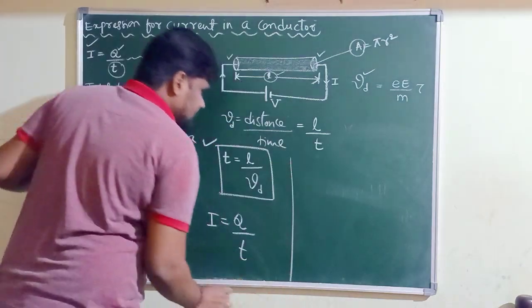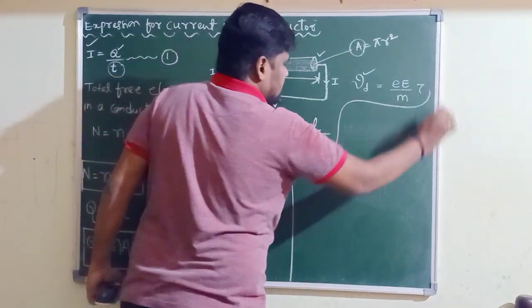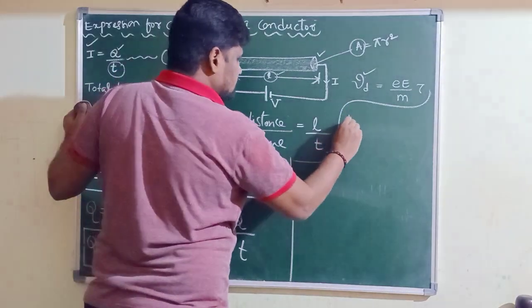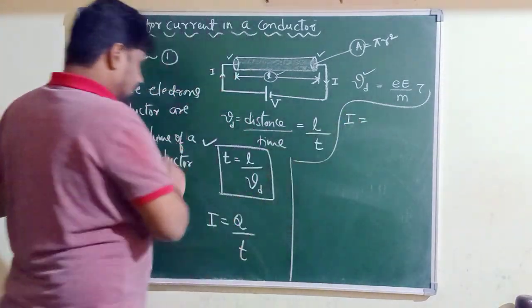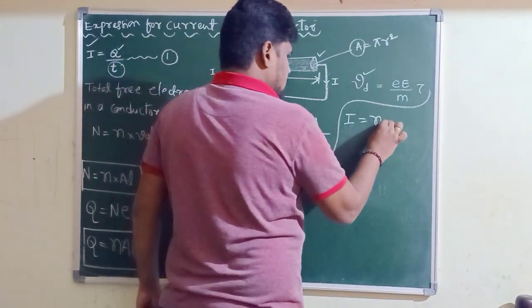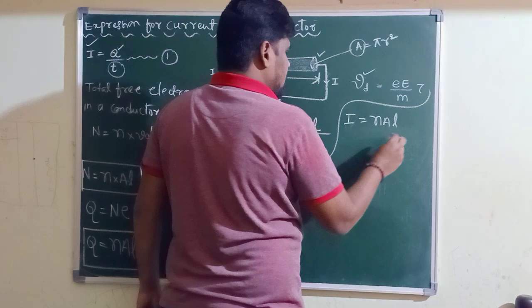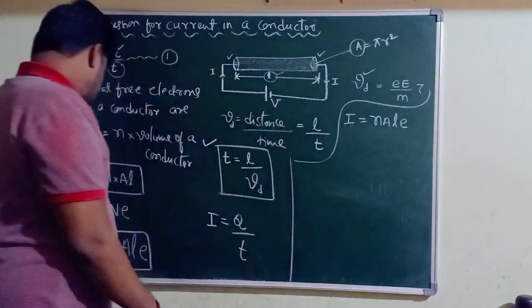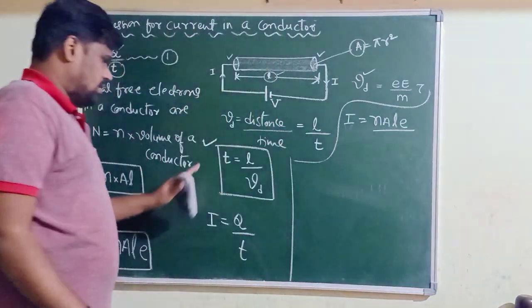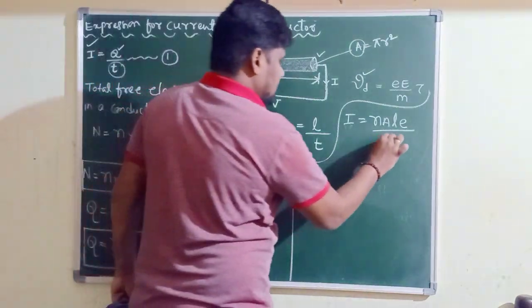Then substitute the values here. I is equals to Q by T. What is Q? N A L e. This is Q divided by, what is T? T is given by L by Vd.